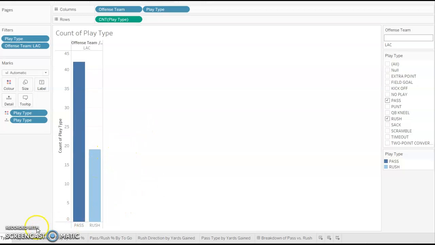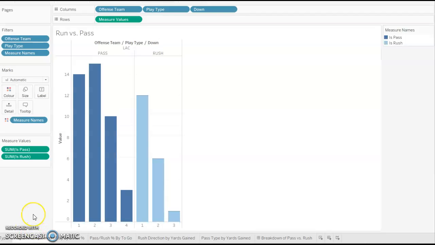The next thing that I had to do was look at the play selection by down. So first through fourth down, what were they running? As we can see here, they obviously passed the ball a lot, but they passed it 14 times on first down compared to rushing it only 12 times on first down.